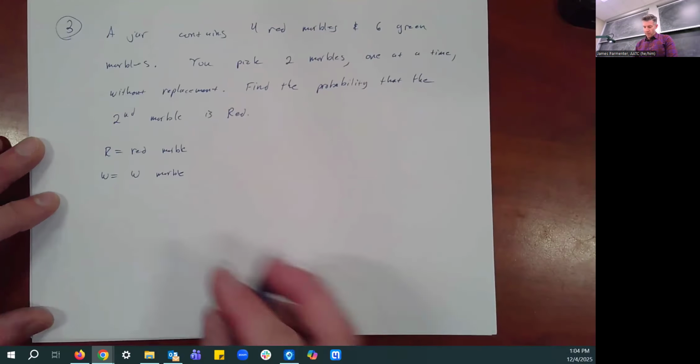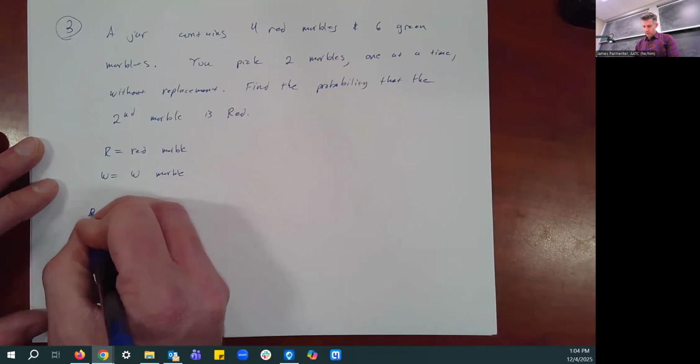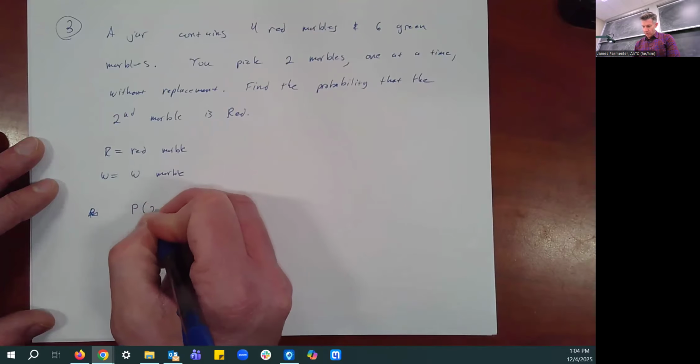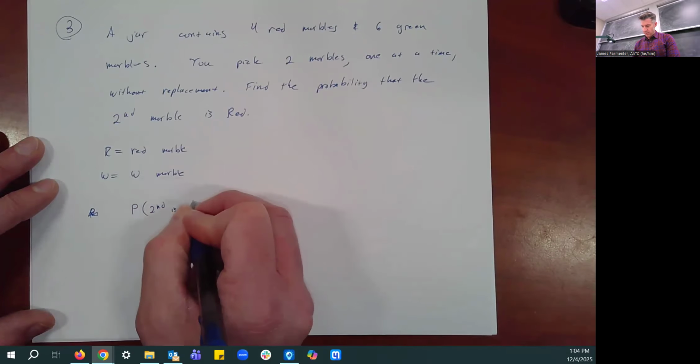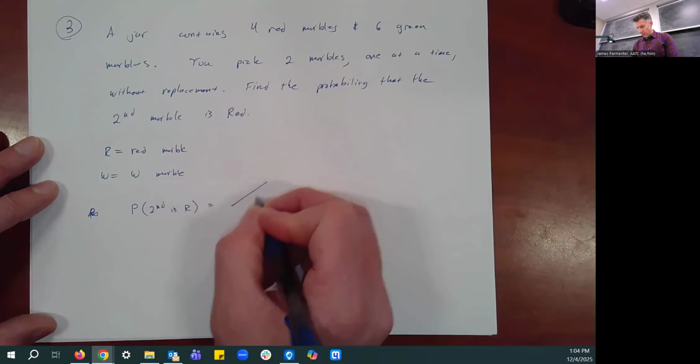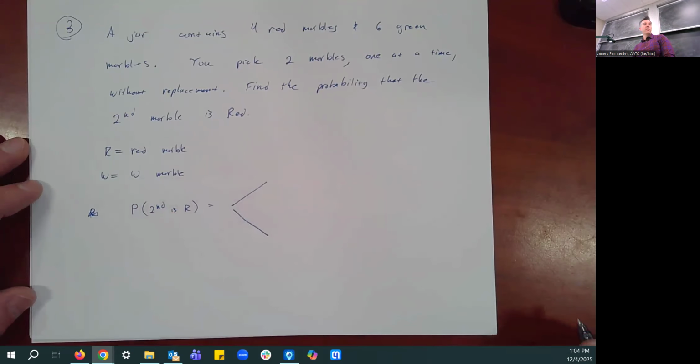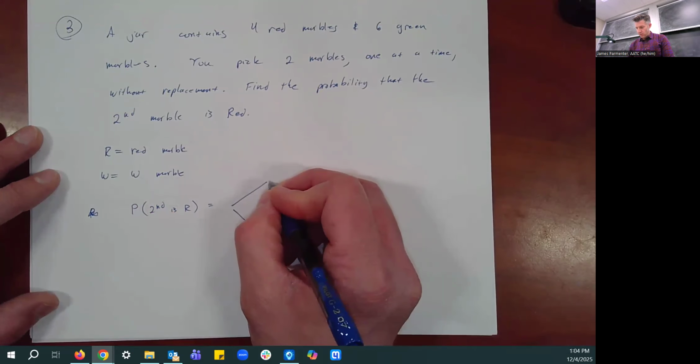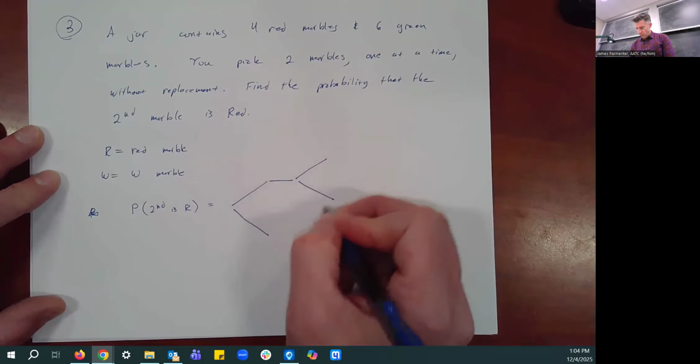You're trying to find the probability that the second marble is red. So make your tree diagram. Your first branch, one of two things can happen. And then your second branch, one of two things can happen.